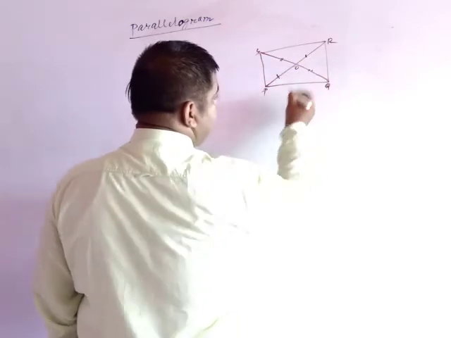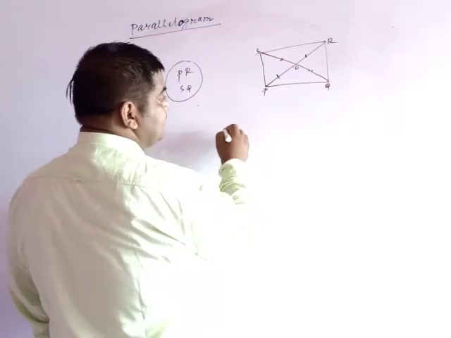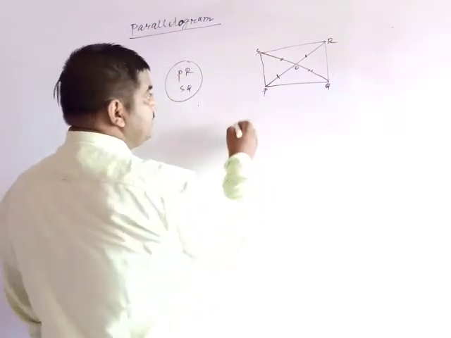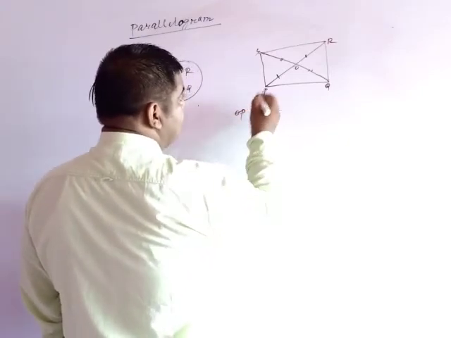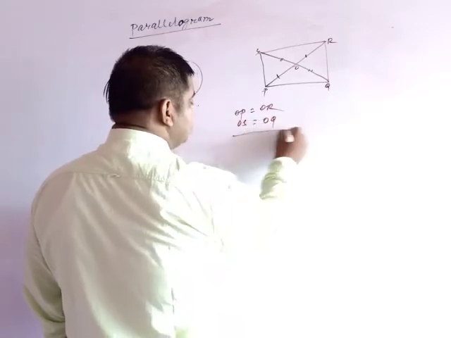So the fifth characteristic is that the diagonals bisect each other. It means OP is equal to OR and OS is equal to OQ.